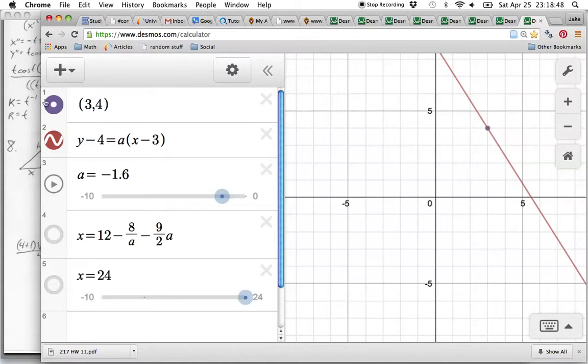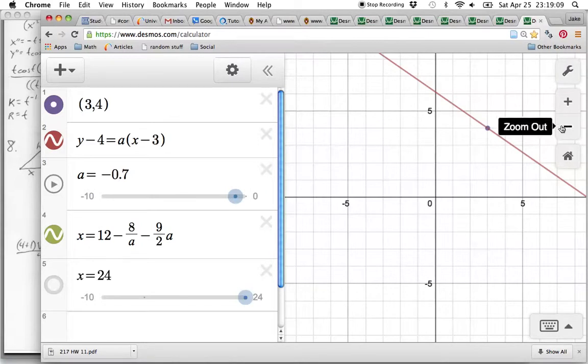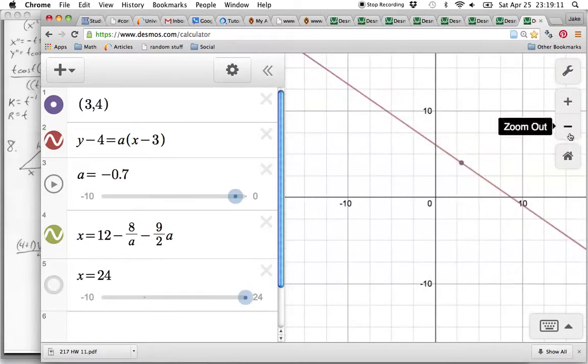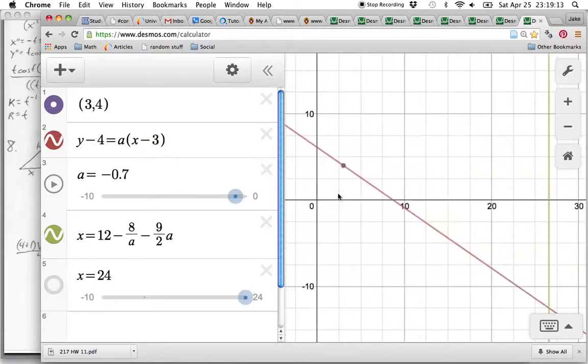So I have this point. You can see 3, 4. Everything has to go through 3, 4. But my A can change, right? And as my A changes, the area inside, of course, is going to change. Okay.